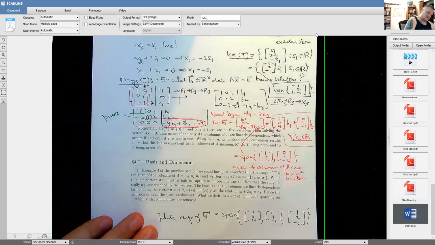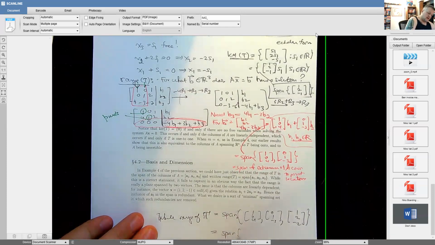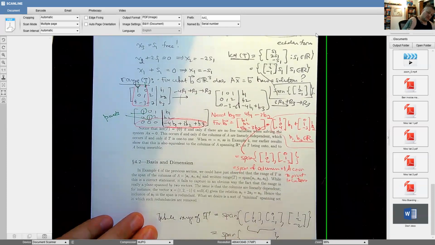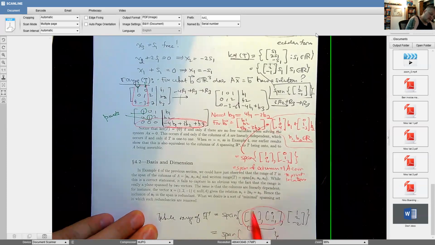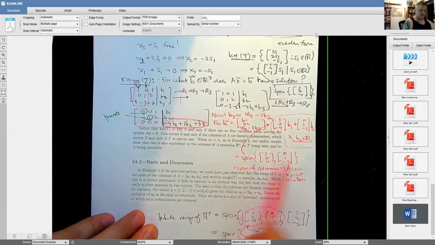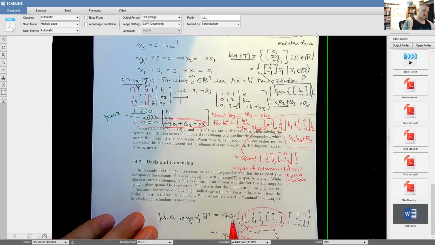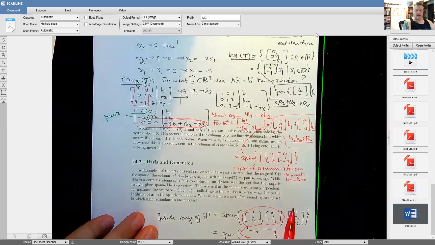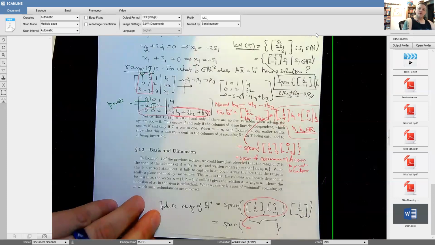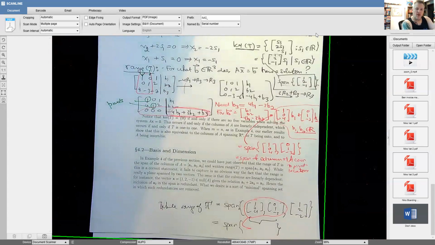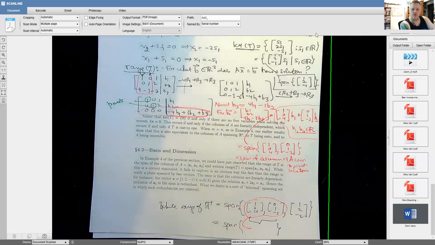Certainly that is equal to the span of just these two, right? So if I just use these guys, we already know the span of this is the range. And so if I clap another vector in there and take the span of that, it's not going to change the span, right?